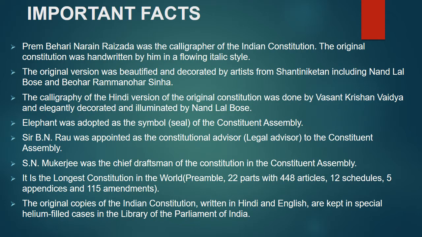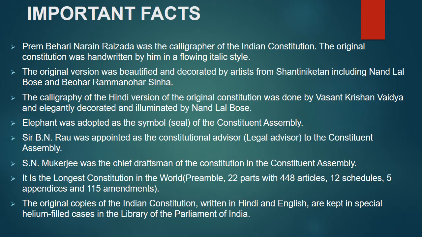The original version was beautified and decorated by artists from Santiniketan, West Bengal, including Nandalal Bose and Beohar Ram Manohar Sinha. The calligraphy of the Hindi version of the original constitution was done by Vasant Krishan Vaidya and elegantly decorated and illuminated by Nandalal Bose.